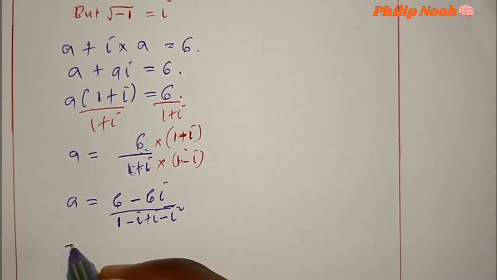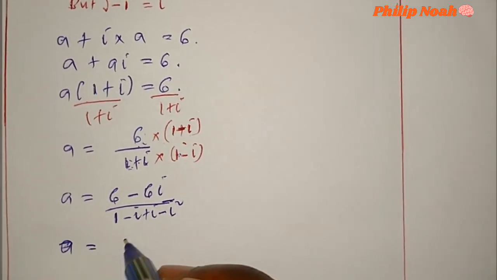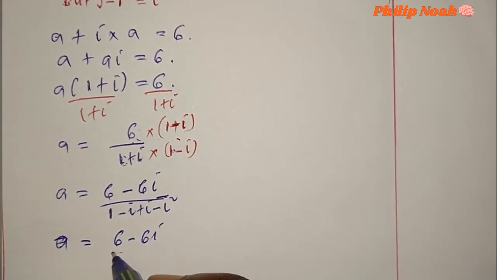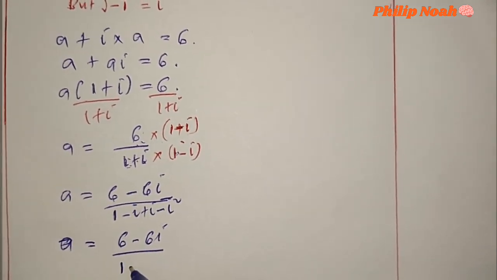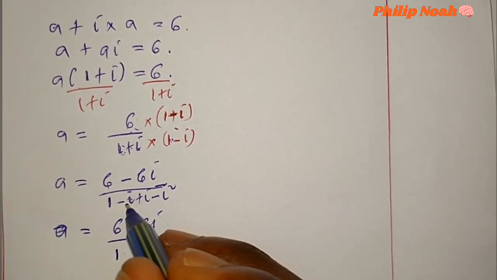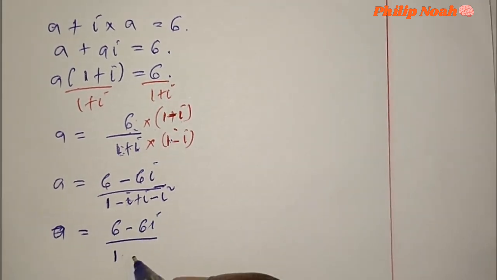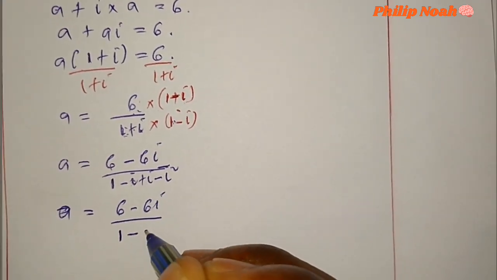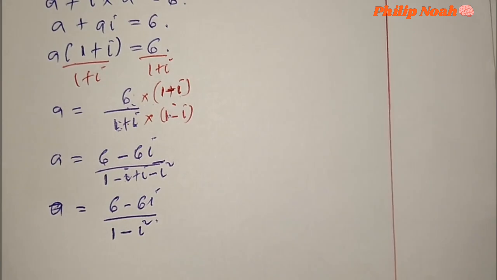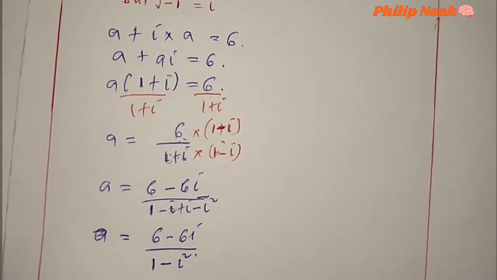Are we there? This is the same as a is equal to 6 minus 6i over 1. Negative i plus i gives us 0. So minus i squared.